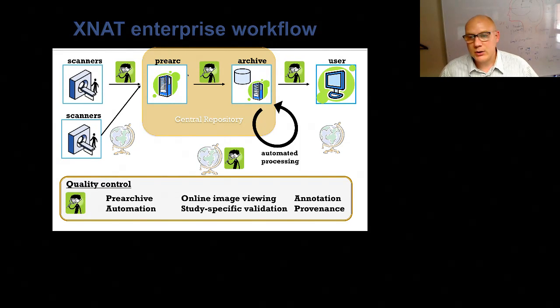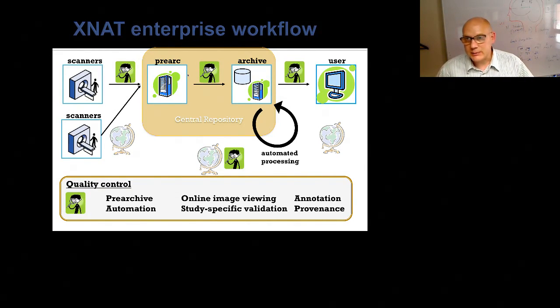From the permanent archive, we do automated processing and manual processing on that data to generate derived data sets and derived measures. And those again go back into the archive to be organized with the original raw data, and again has visual inspection on the derived data that we generated to ensure that again it's of high quality and can be used.